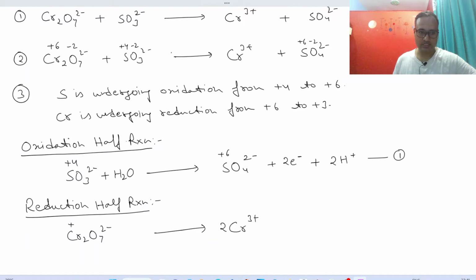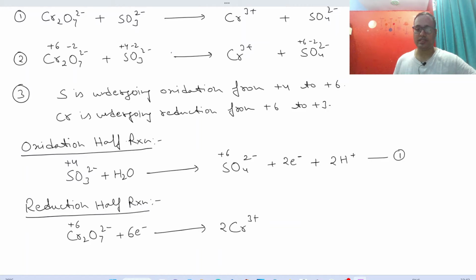Now the oxidation state of chromium is changing from +6 to +3. Over here we have 2 chromium atoms. One is reduced by 3 electrons, so 2 chromium atoms are reduced by 6 electrons. So we add 6 electrons on the left hand side.